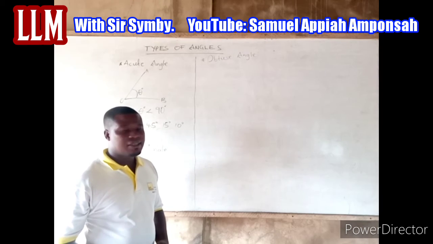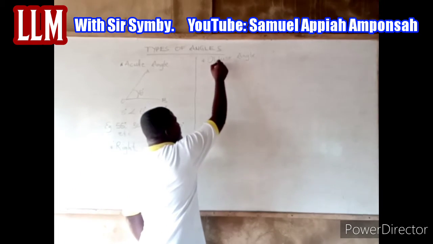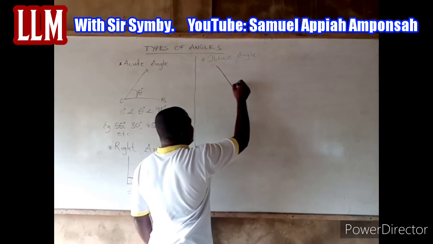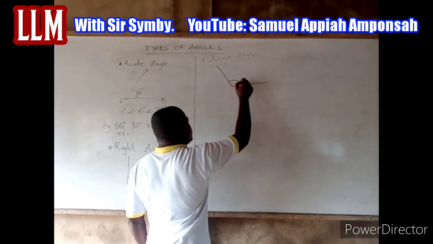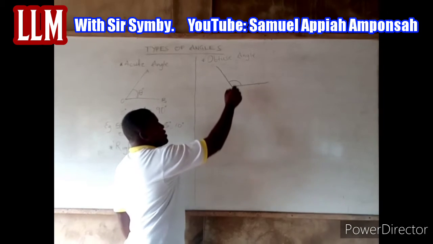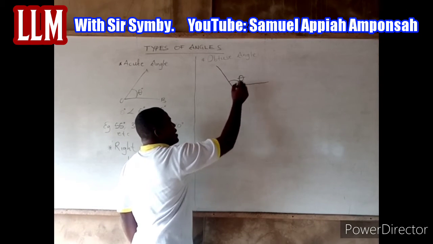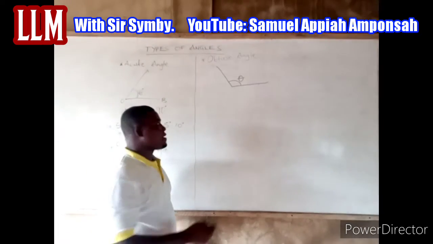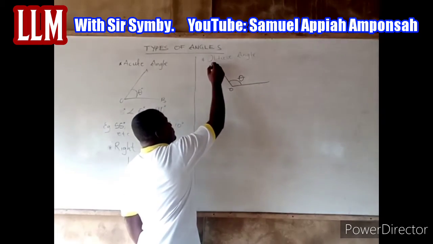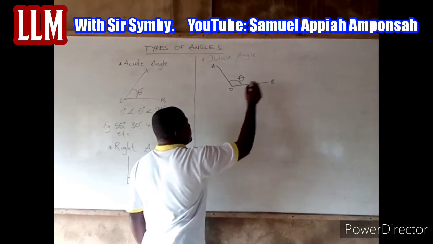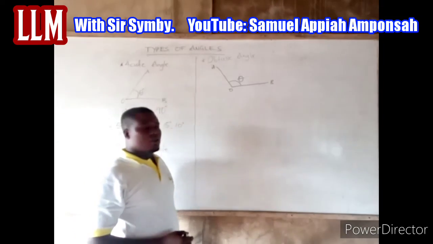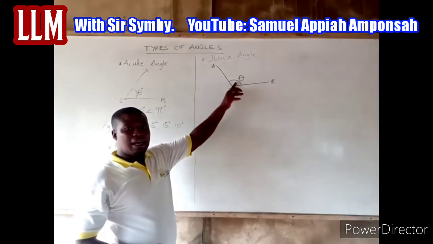Again, I said an obtuse angle is any angle which is greater than 90 degrees but less than 180 degrees. And to draw an obtuse angle, you indicate, for example, this angle called theta. So what is the value of theta?